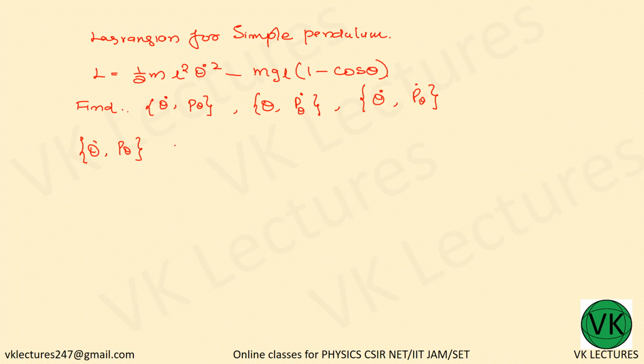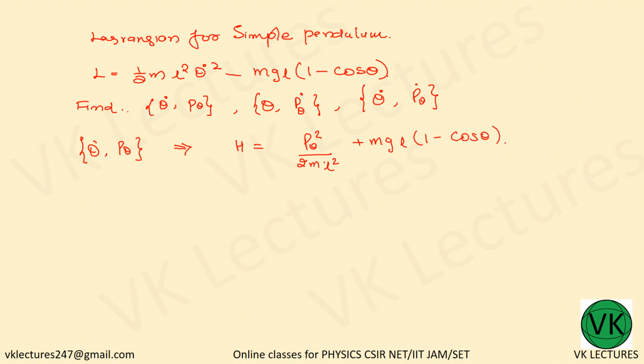Now the Hamiltonian for the simple pendulum can be written as p theta squared by 2ml squared plus mgl into (1 minus cos theta).